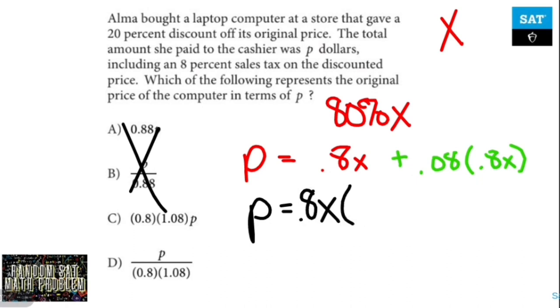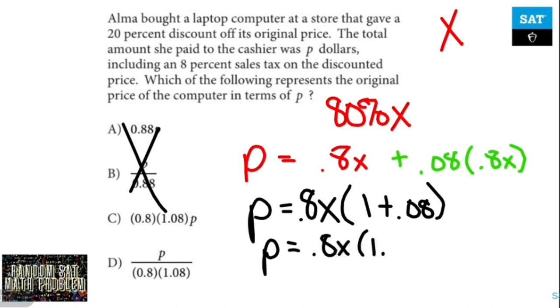If I do that, that leaves me with 1 plus 0.08, which is, look at that, I figured it out, which is 0.8x times 1.08.